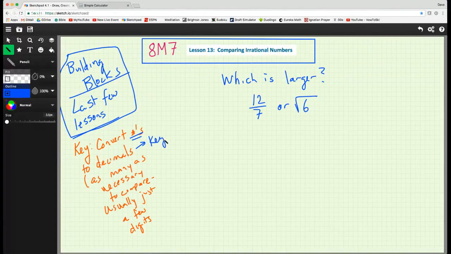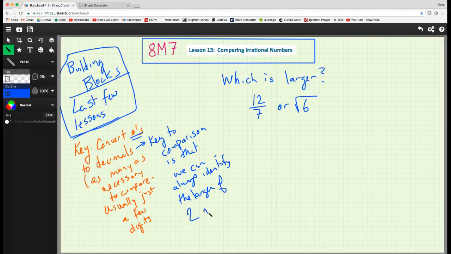That's the key to comparison, that we can always identify the larger of two numbers that are represented as decimals. Now that's what we're going to do. That's always our fallback position, but that's one key.